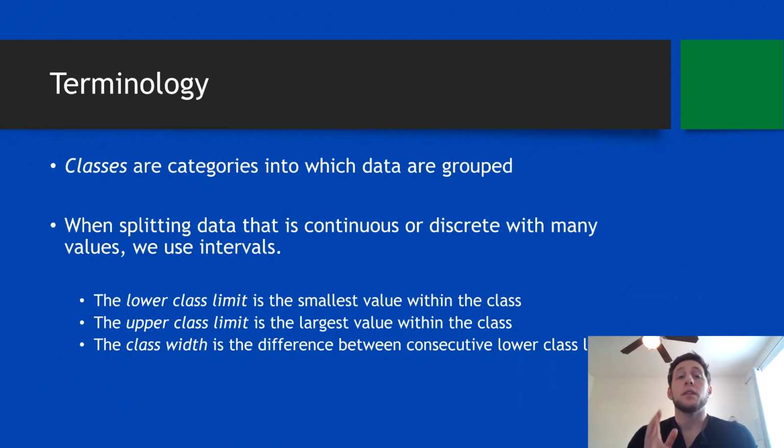Now, what are they? The lower class limit will just be the smallest value in your class. The upper class limit, therefore, will be the largest value within your class. And last but not least, the class width is the difference between consecutive lower class limits.